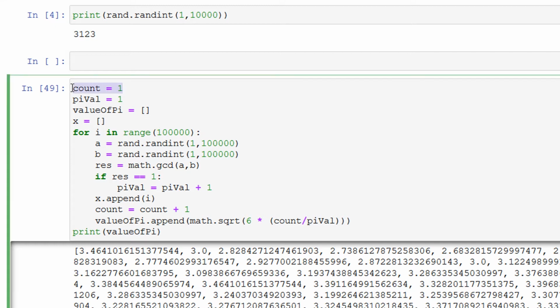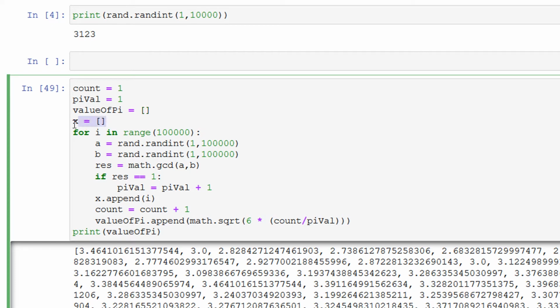At the very first, I took one variable which is initialized with 1, and the second variable, pi val, will count the number of times two numbers are co-prime. The pi value is a list where I will put all the values of pi in every epoch of 100,000.